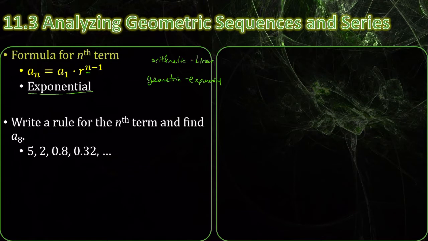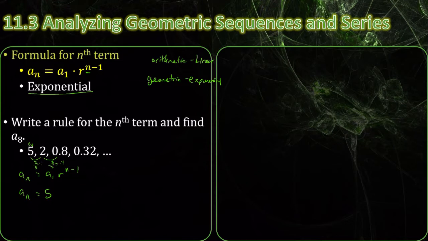Write the rule for the nth term and find a_8. Okay? So a_n equals a_1 r to the n minus 1. Well, a_1's easy. It's a 5. What's the r? Well, it'll just be 2 over 5. 0.8 over 2 is the same thing as, what, 0.4?